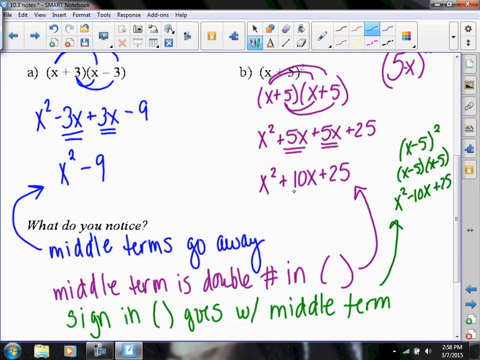Here we have a plus 10. If it's a minus, then we're going to have minus. Okay? So again, these are some patterns that are always going to happen with this type of multiplication. And again, these products have special names. So that's what we're going to get to next.